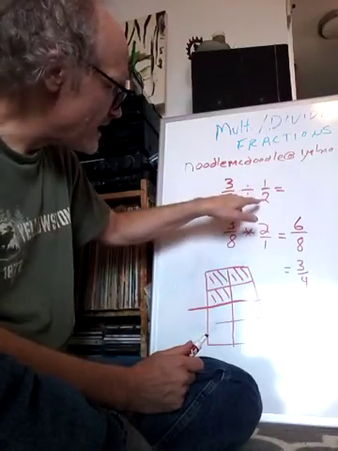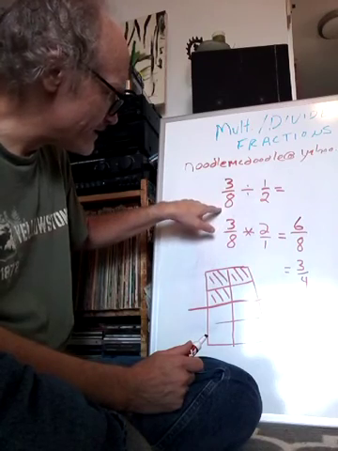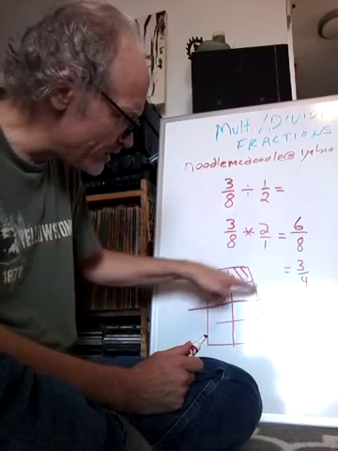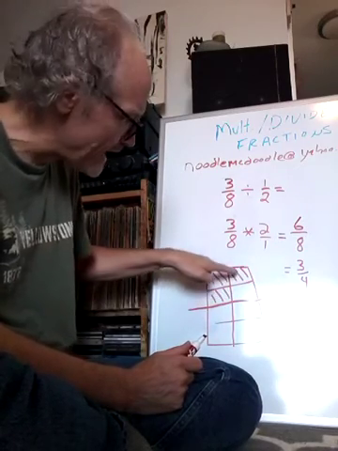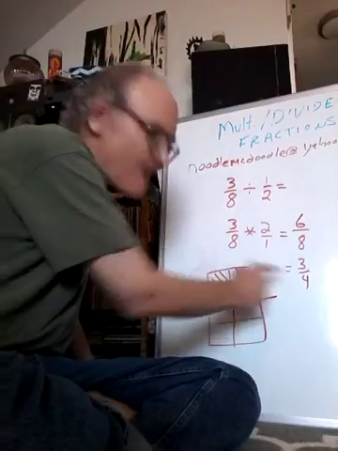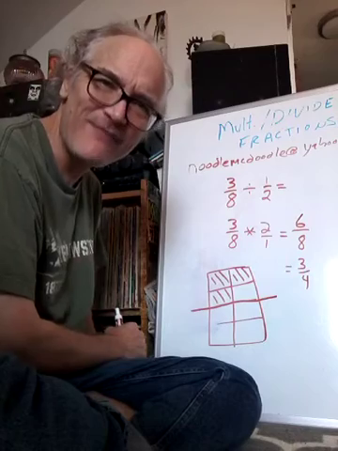How many halves do I have when I have 3/8? Well, I haven't even got one complete half here. I've only got, can you see it? There it is. 3/4 of a half, right? 3/4 of a half.